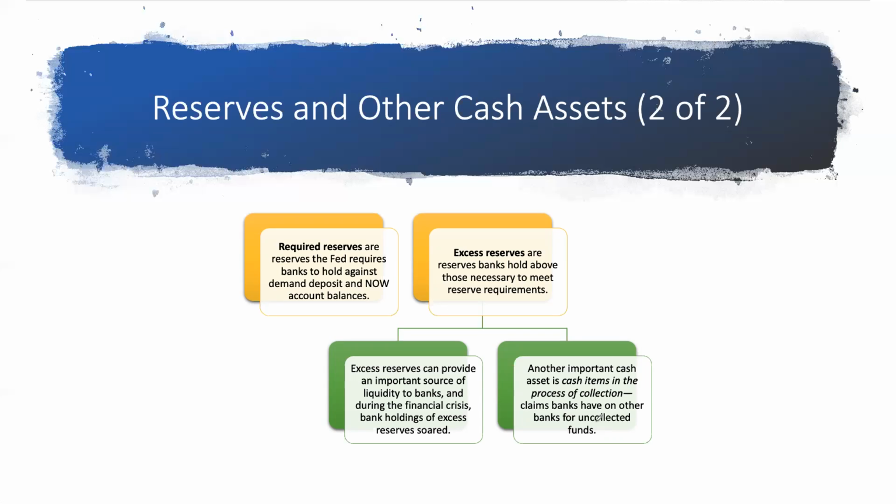Above and beyond the required reserves, some banks might choose to keep additional cash on hand. This is what we call excess reserves. This is not federally mandated. Your regulator is not telling you that you need to hold this amount of money in the form of reserves at the bank. This is just out of an abundance of caution that you might want to hold excess reserves at the bank.